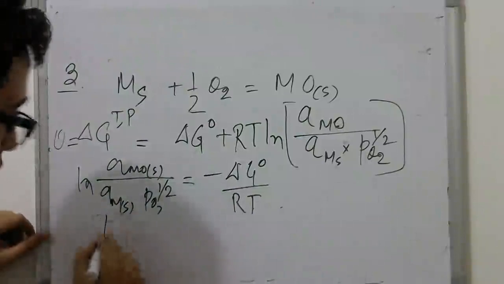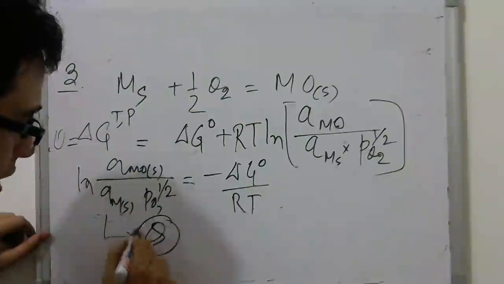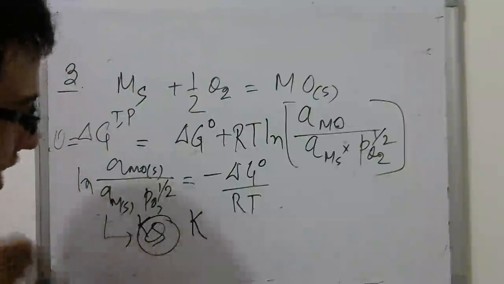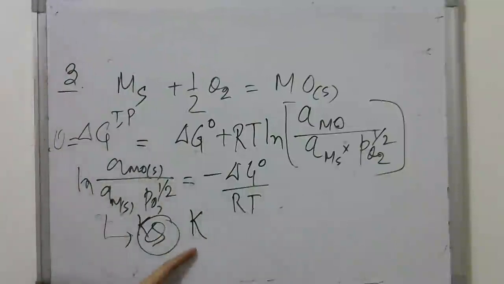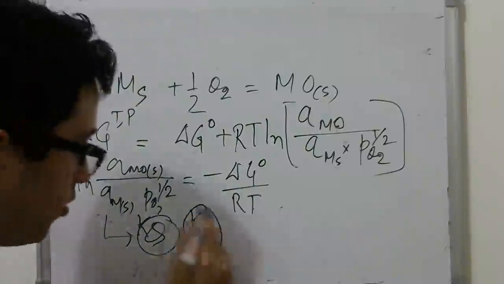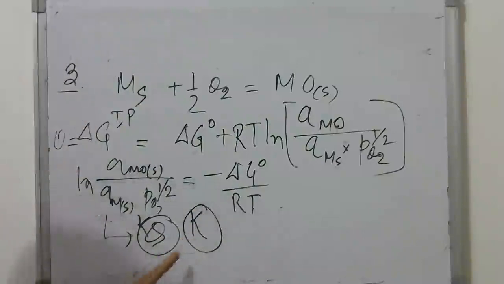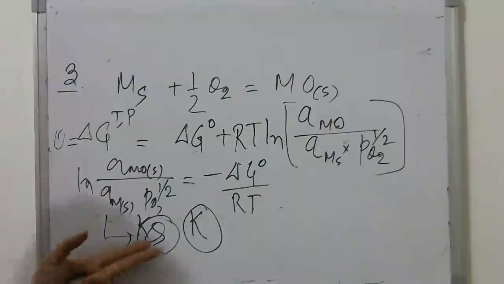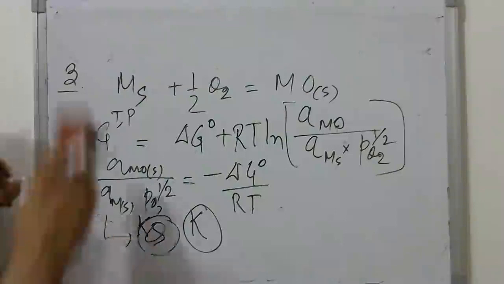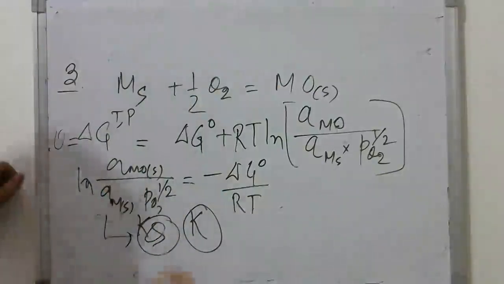One thing, this is sometimes written as Q, or K. The reaction constant, or the equilibrium constant, whatever it is, is termed as K. It depends how you define it. So just be a bit more careful here.